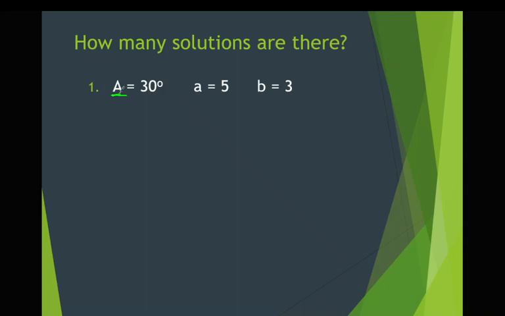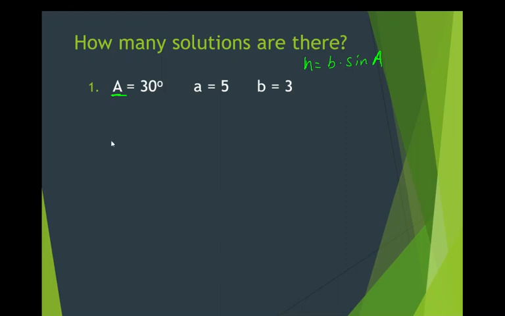Yeah. Now we could check the height using the height equation. Okay, and if you look, the height is equal to B times the sine of A. And if you plug that in your calculator, you could check to see if A is bigger than the height, which it is. Okay, but since we see that A is bigger than B, we already know there's only one solution. Okay, that's how easy it is.